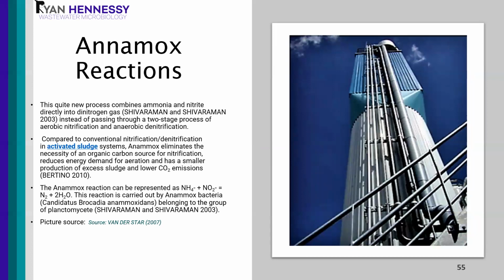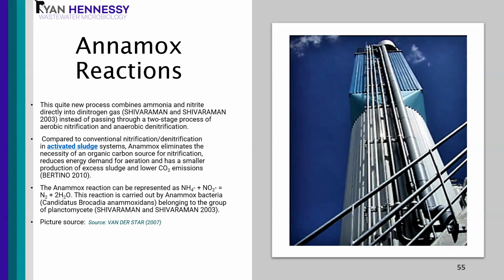And then I also felt that it was necessary to talk a little about Anammox. Anammox is fairly recent. It takes ammonia to nitrite, but it skips that second stage of nitrite to nitrate, and it goes from nitrite directly into dinitrogen gas.